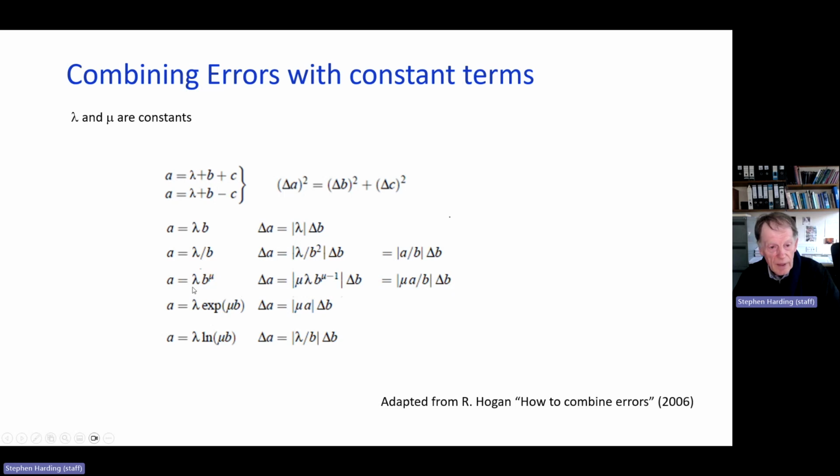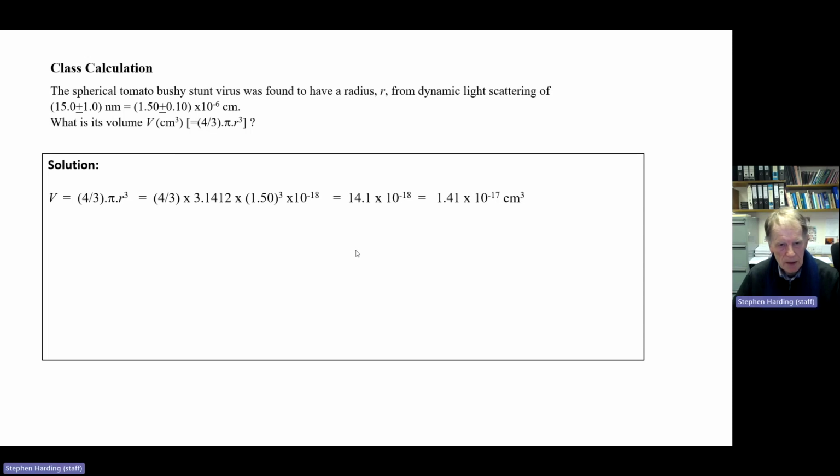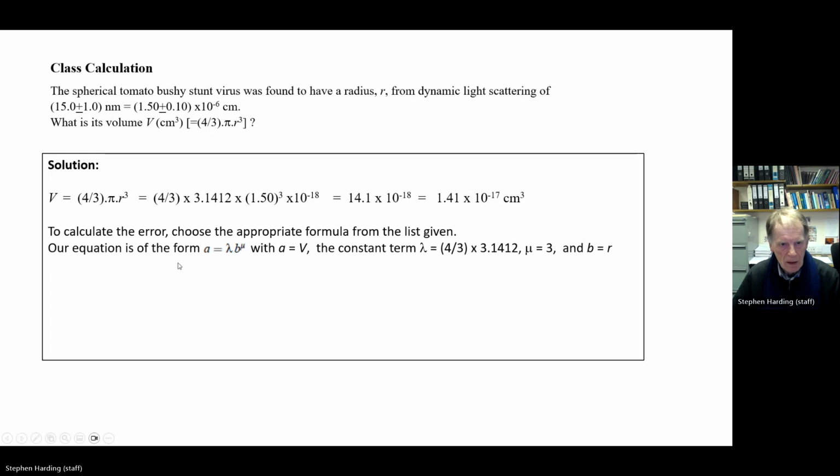So let's just move that formula across. This is the appropriate formula, where A is the volume, lambda is the constant term, which is 4/3 times pi, B is the radius, and mu is the power, which is 3.